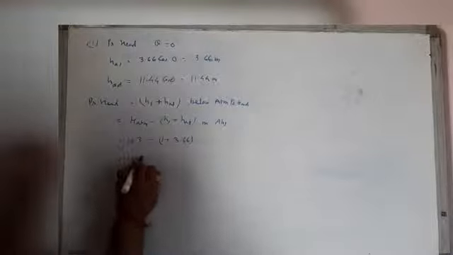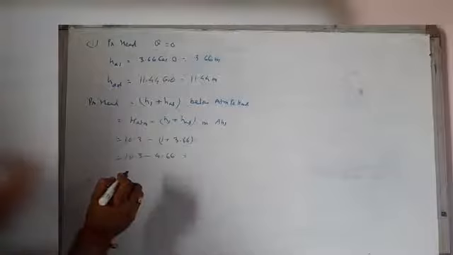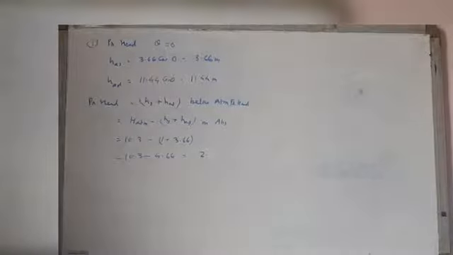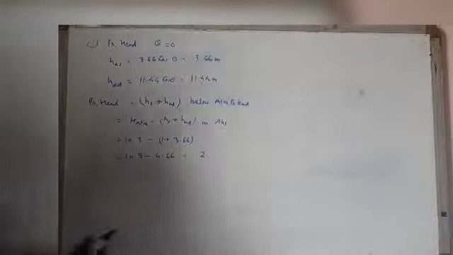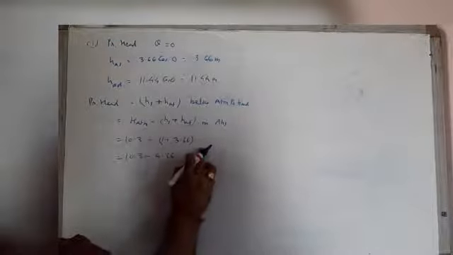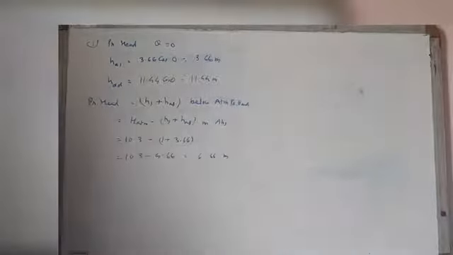So this is 10.3 minus 7.66 equal to 2.64 meter absolute.